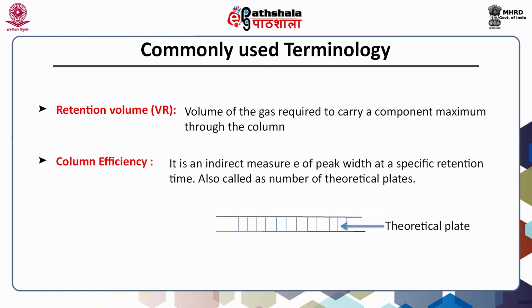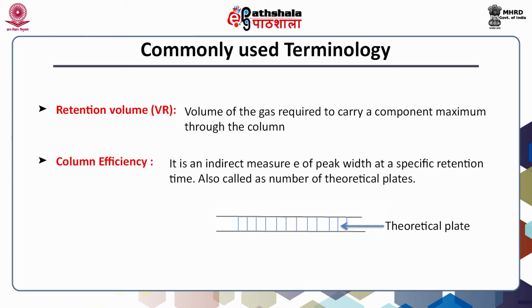This is basically a concept, as I said in my previous slides, that in GLC, when vapor is injected and this gaseous state is passed through the column, the components form very small plates, and these are called the theoretical plates.